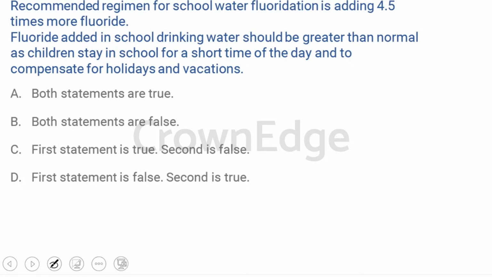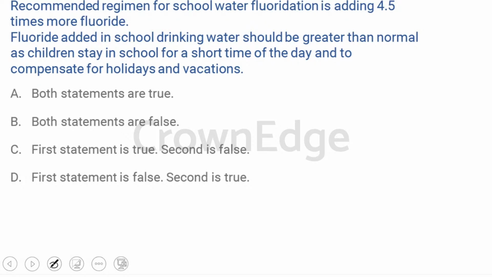That is because in school water fluoridation, which is a subdivision of water fluoridation, you need to have a higher level of fluoride. One, because children of various age groups are going to school. And the second reason, in the second statement, is that you need to compensate for the shorter amount of time that they spend in school. On average, most students spend about 6 to 8 hours in school, and also you have a lot of holidays and vacations.